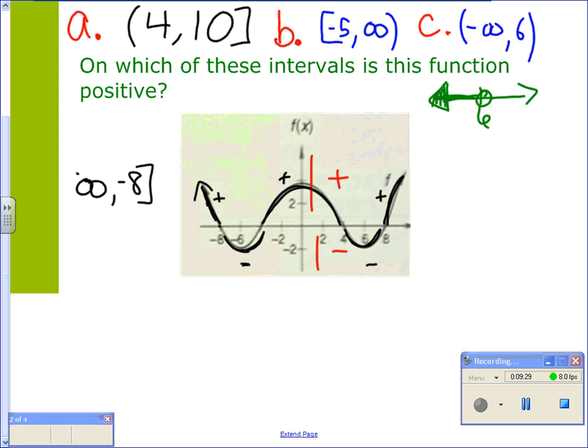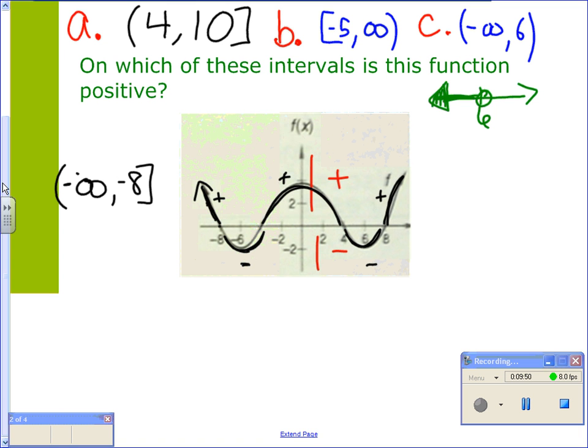Yeah, it keeps going. It was an arrow. I kind of covered it up when I drew on it. So it goes to negative infinity, and is it a parentheses or a bracket? Anytime you deal with infinities, it's parentheses. Do y'all see how that works?